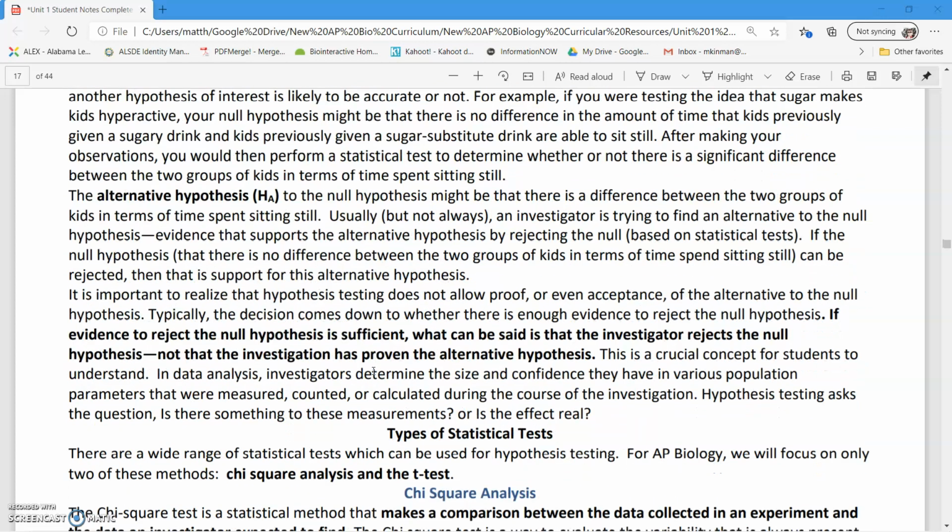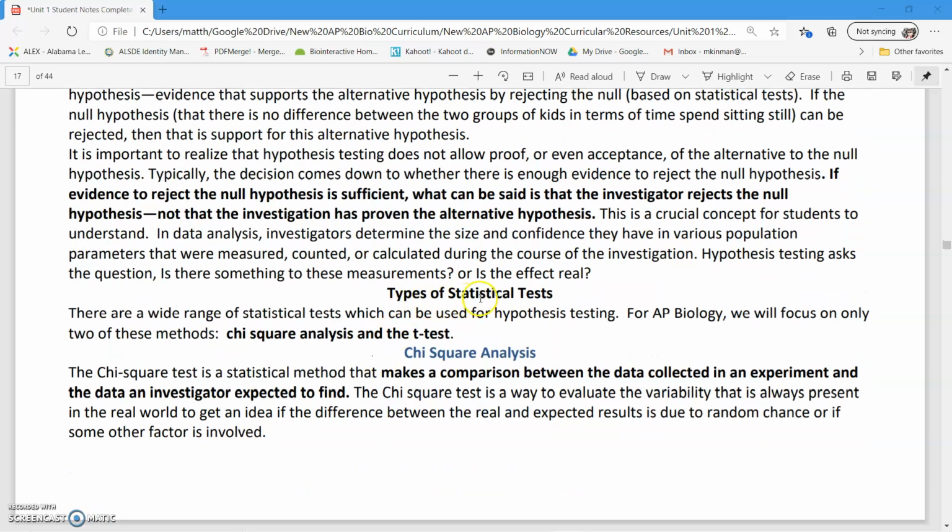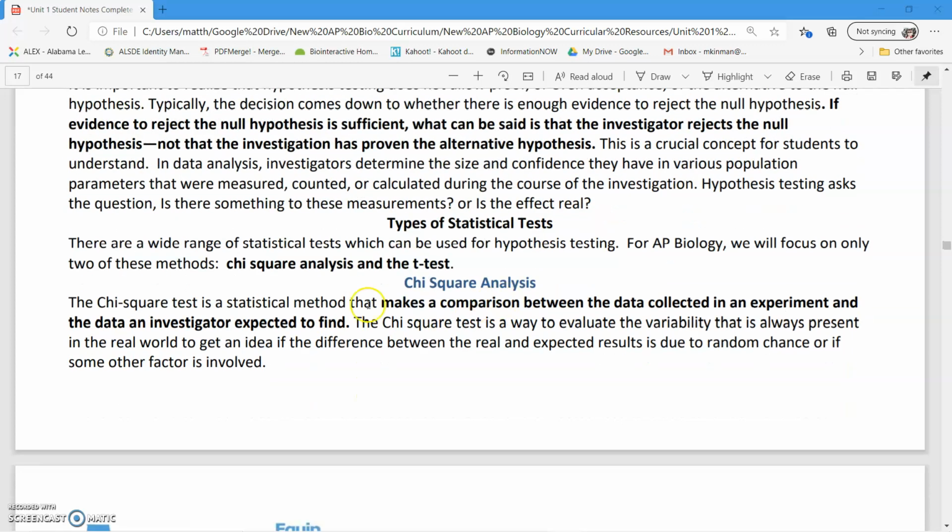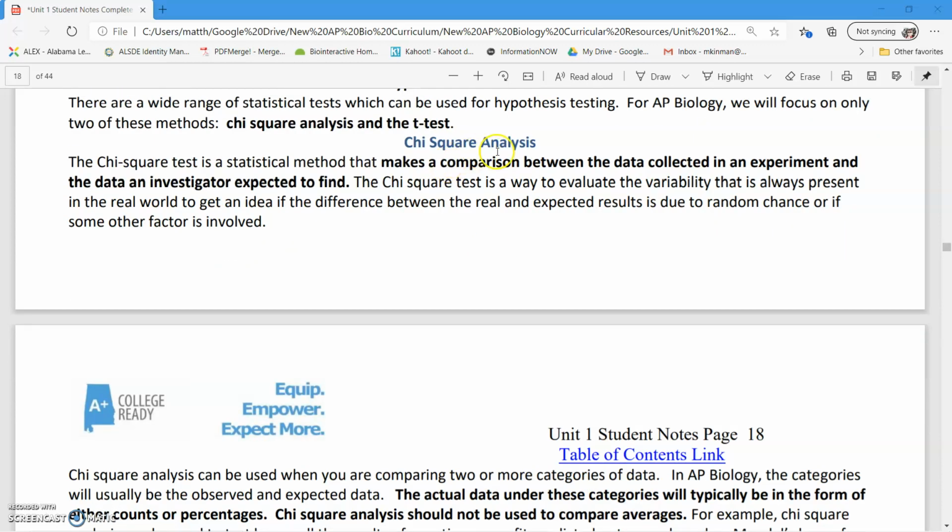All right. So types of statistical tests. Mainly we have the chi-square test and the t-test. Remember, these are commonly seen tests in statistics, if you ever take a statistics class in the future, but they're also used in science. So the chi-square analysis, as I said before, makes a comparison between the data collected in an experiment and the data an investigator expected to find.